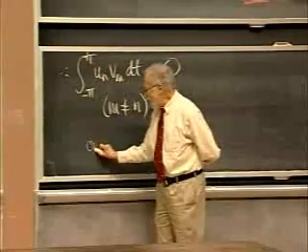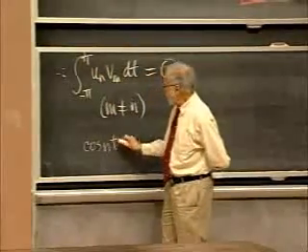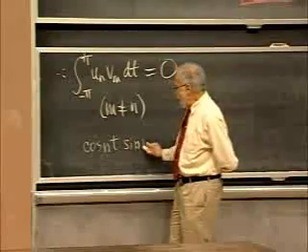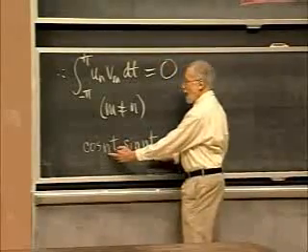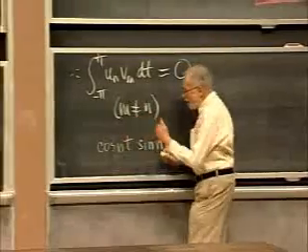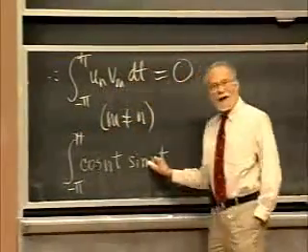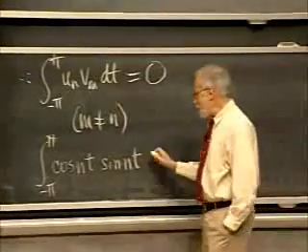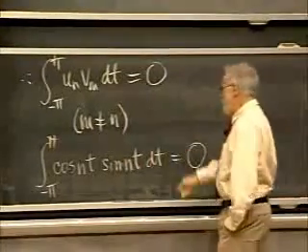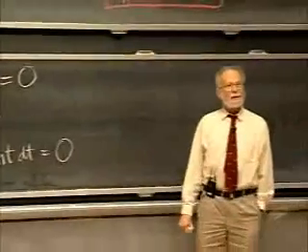For example, something like the cosine of nt times the sine of nt. Here, the m is the same as the n. Nonetheless, I am claiming that this is 0 because these aren't the same function. One is the cosine, one's the sine. Why is that 0? Can you see mentally that that's 0?